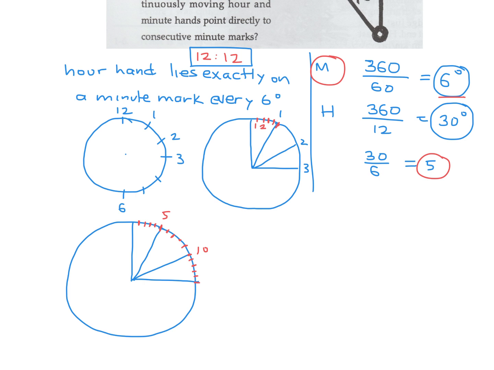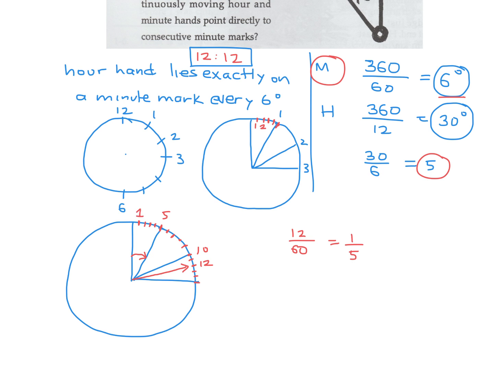So at 12:12, the minute marker is at 12. But the hour hand will have gone 12 out of the 60 minutes, which is 1/5. So 1/5 from here to here, and 1/5 from here to there is this guy right here, the 1 minute mark.